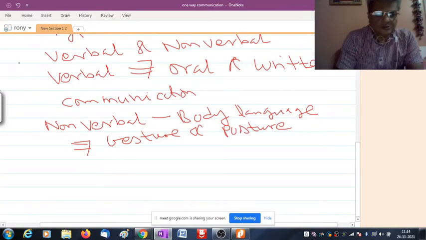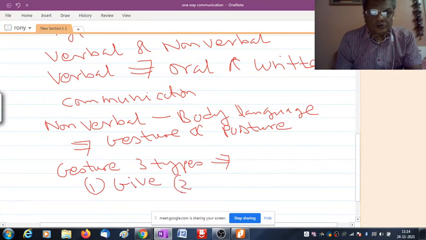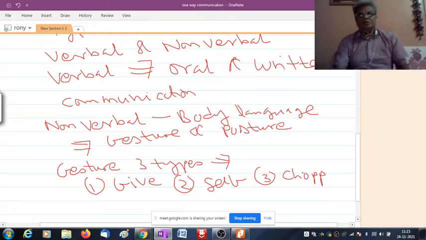Regarding gesture, there are three types. One, give. Number two, self. Number three, chop. We have three types of gesture, that is give, self and chop.